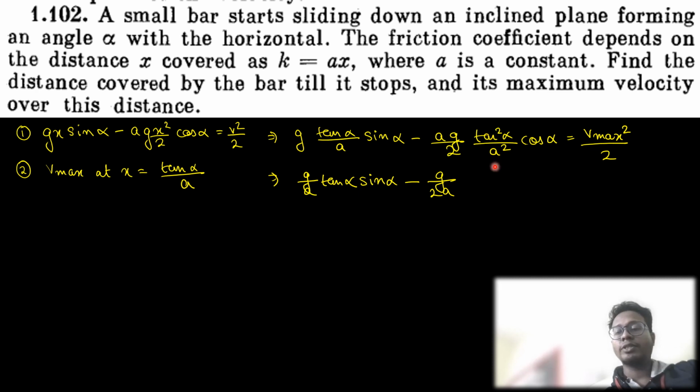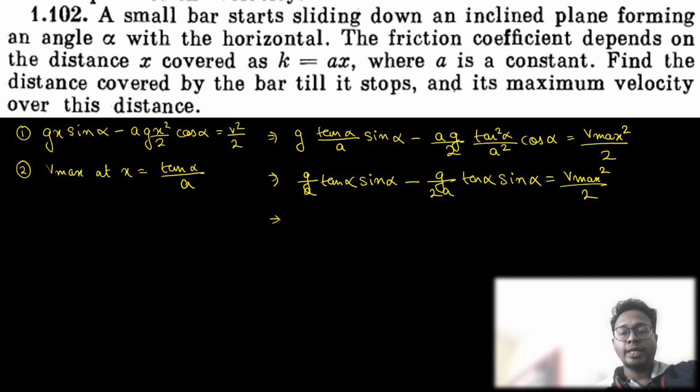And sin alpha by cos alpha is tan alpha, and we're left with one more sin alpha. So tan square alpha into cos alpha is tan alpha into sin alpha, equal to maximum velocity square by 2.